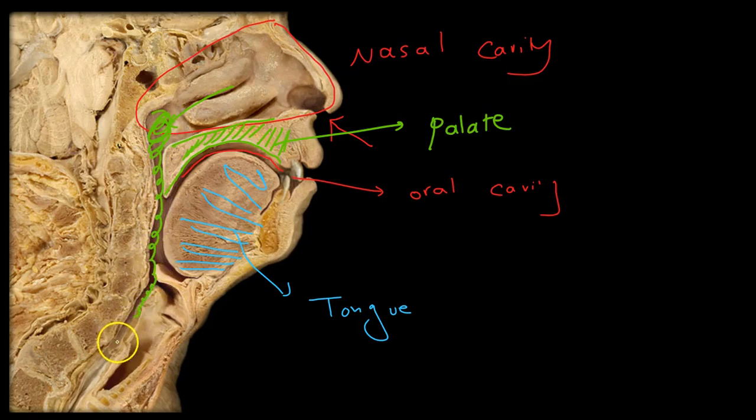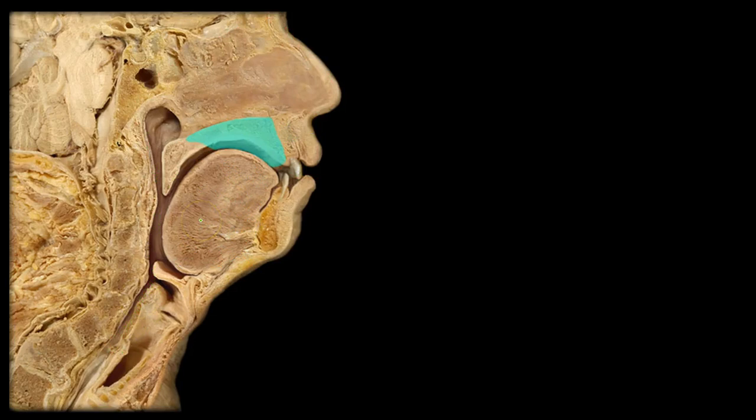After pharynx, we have the larynx on the respiratory tract and esophagus on the digestive tract. Okay, so then what is this highlighted part? Just remember that this is a nasal cavity, the oral cavity. Between nasal cavity and oral cavity, we have hard palate made up of bone.